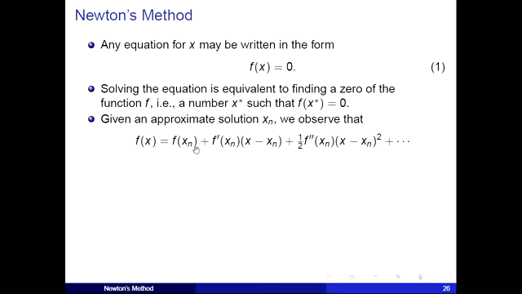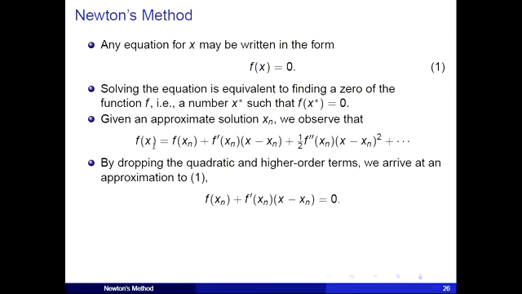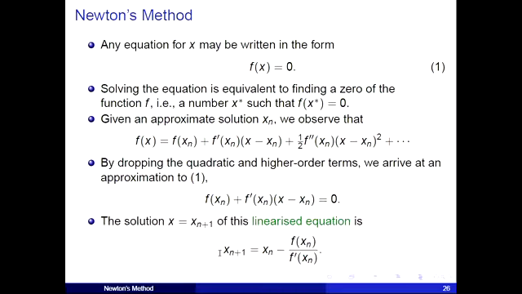This is the usual formula for the Taylor expansion. Then you set x equal to x star, and you ignore the higher order terms. Then you have this equation, and you set x_{n+1} to be equal to x. So x_{n+1} is the solution of this linearized equation.